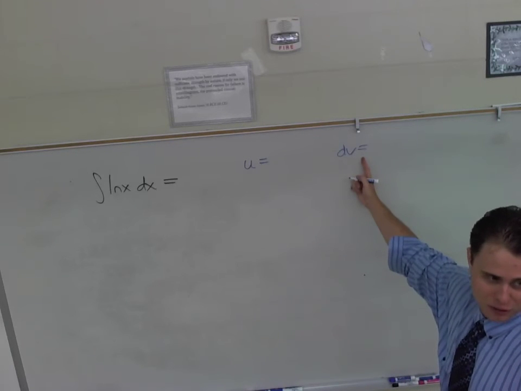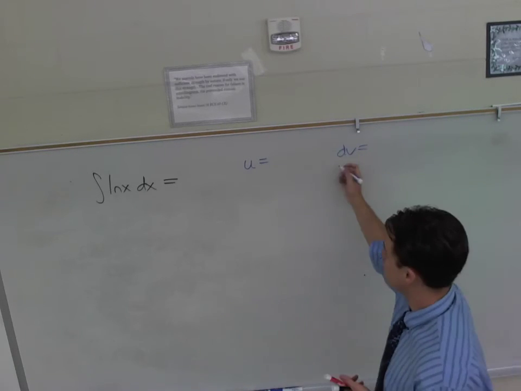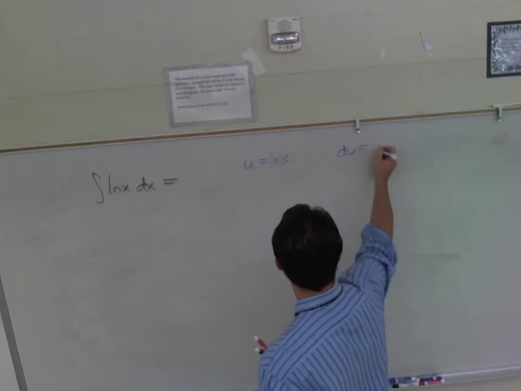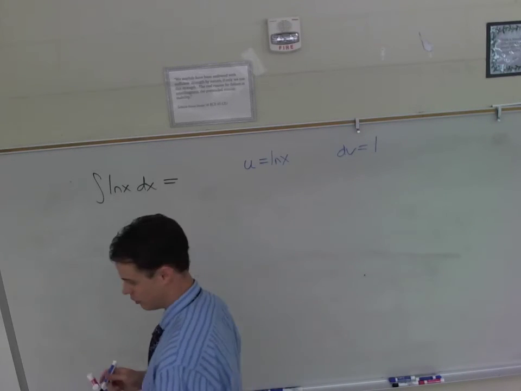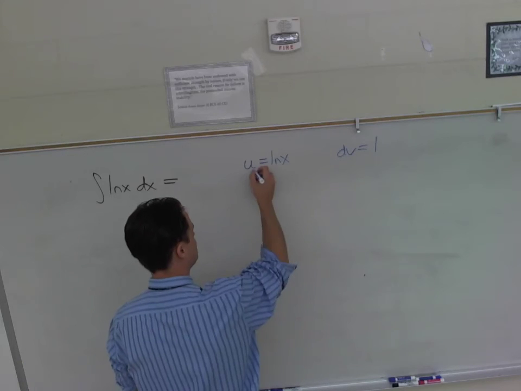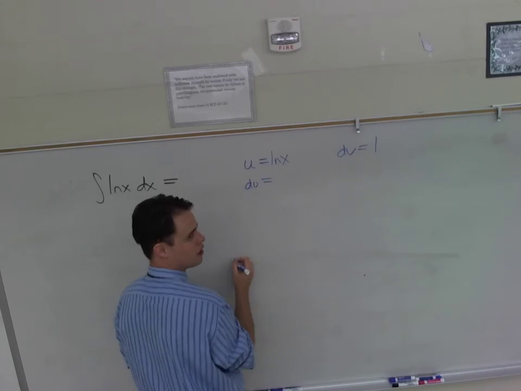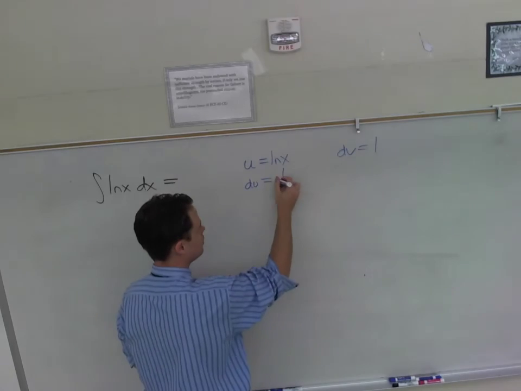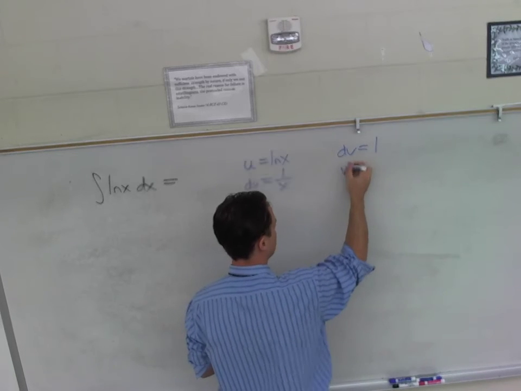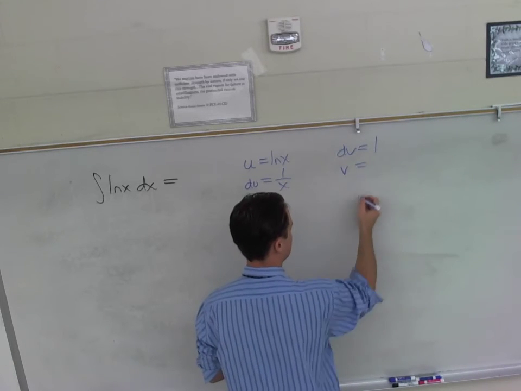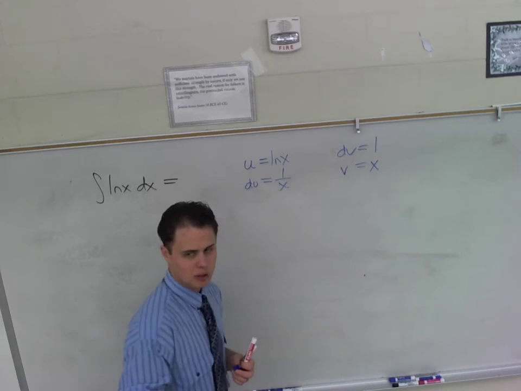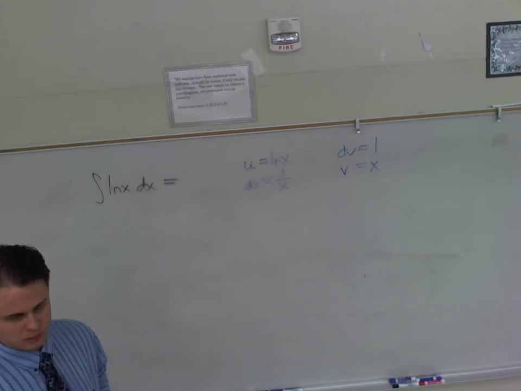That's what we're trying to figure out right now. So obviously natural log has got to go here. We'll just put 1 there. If we take the derivative, we do know the derivative of natural log is 1 over x. We do know the integral of 1 is x plus c, but we're not using the plus c as part of this.